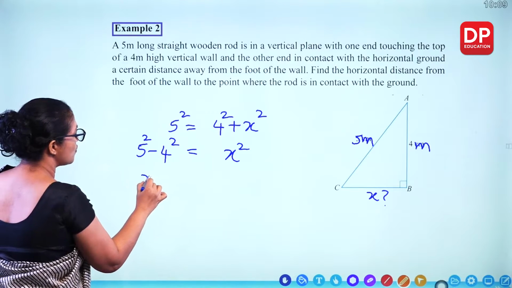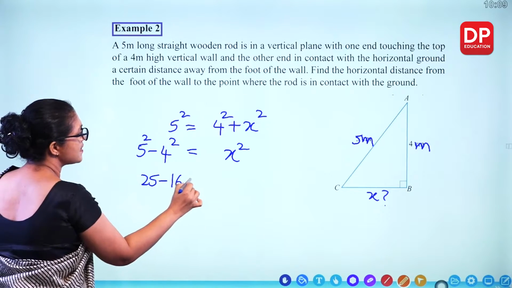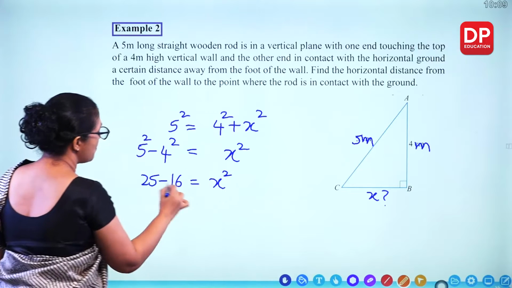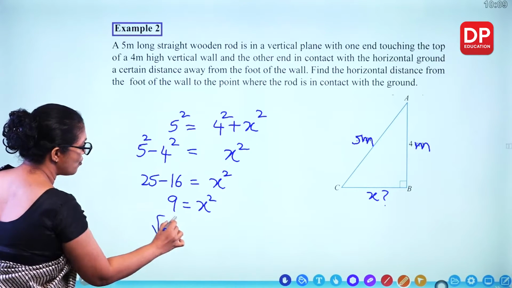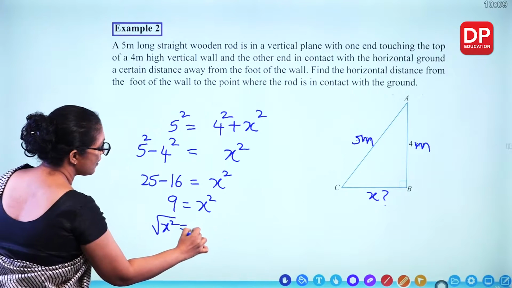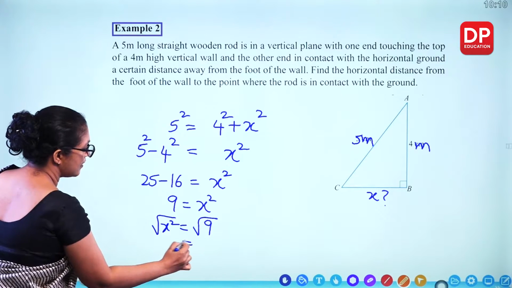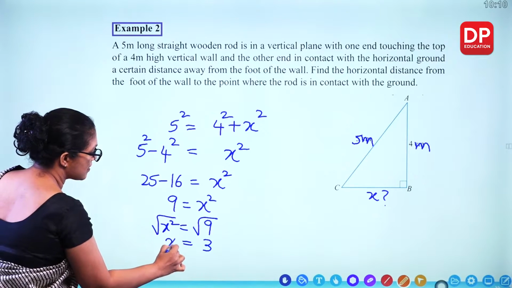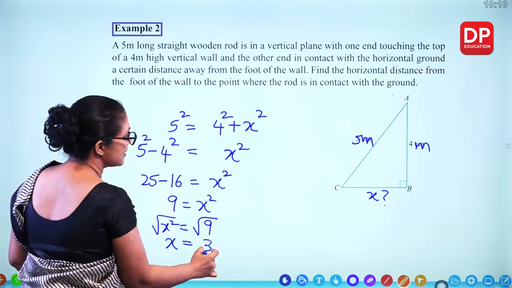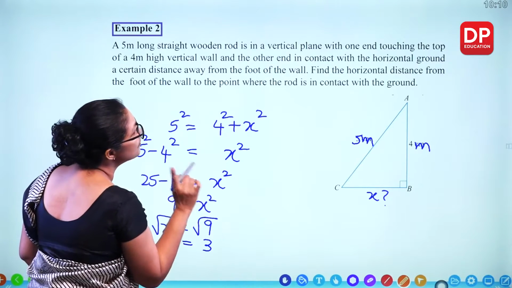So 5 squared is 25. 4 squared is 16. When you subtract, you get 9. So what's the square root of 9? That's 3. Square root of x squared is x. So x is 3 meters.